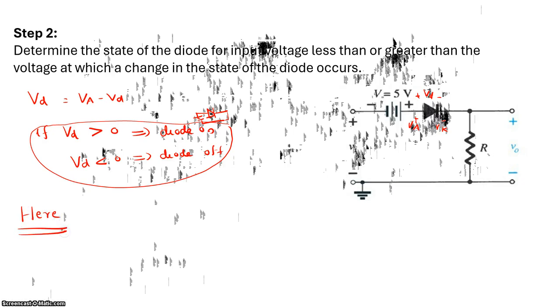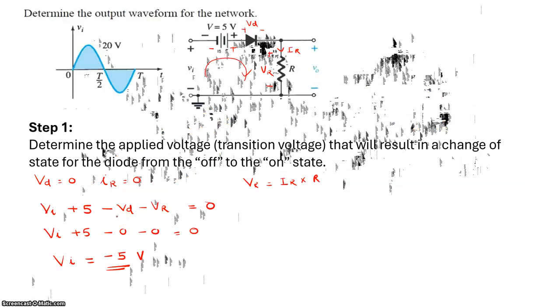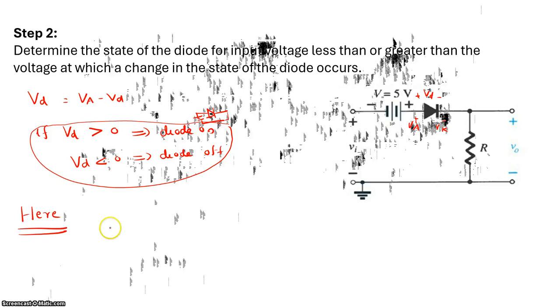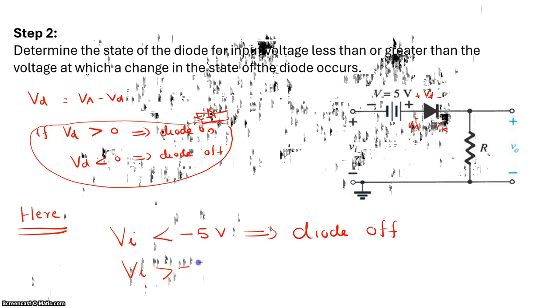Here if you see, your border voltage is minus 5 volt, right? So in that case, when your VI is less than minus 5 volt, the diode will be off. And if it is greater than minus 5, there comes the positive value, so your diode will be on.